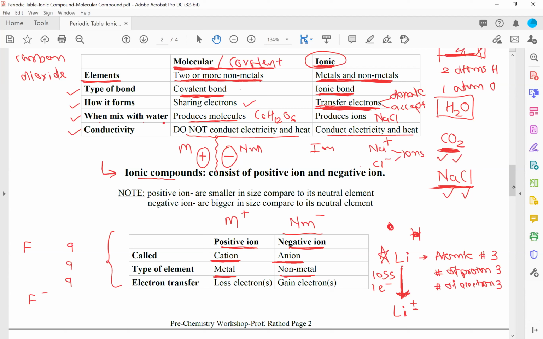The only particle that gets exchanged is the electron. If lithium loses one electron, it means it is becoming less negative, which you can also refer to as a little bit positive. Lithium, to form a lithium plus ion, is going to lose one electron, or in other words donate one electron.